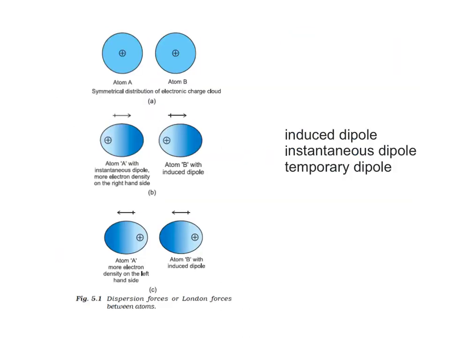This is a visual to help you try to understand this idea of dispersion forces a little bit better. At the very beginning of time, you have two atoms, atom A and atom B, and they are perfectly symmetrical. They are nonpolar molecules, no overall charge one way or another.